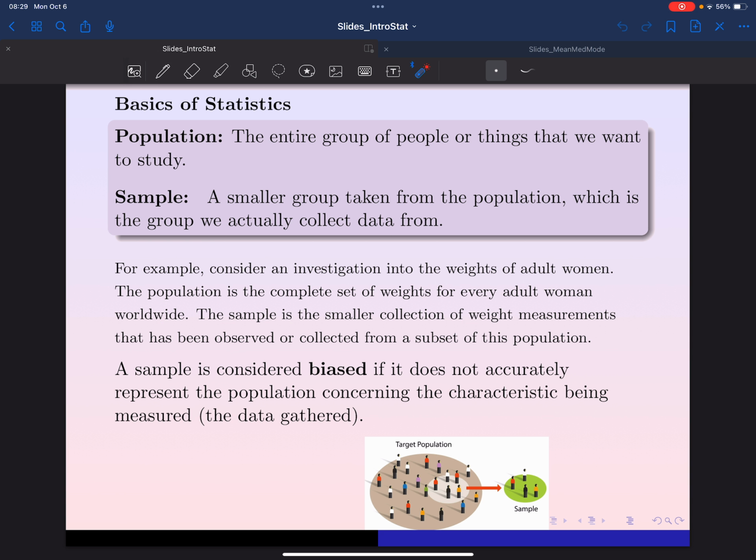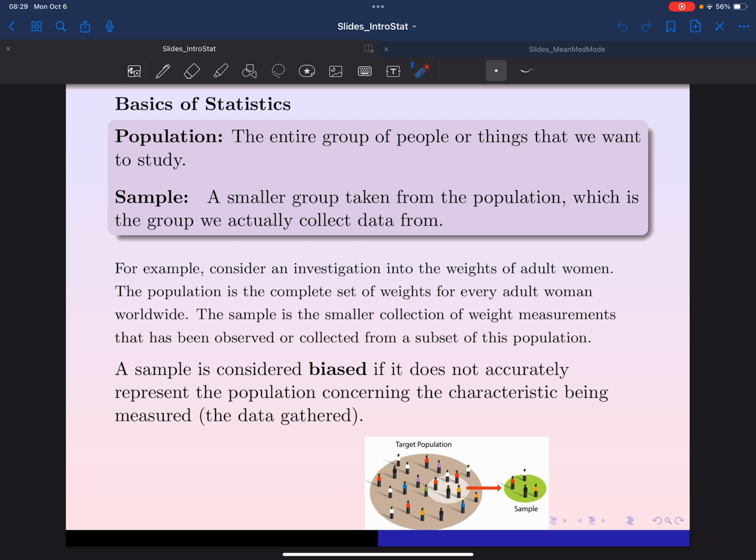For example, if we consider an investigation into the weights of adult women, then the population would be a complete set of weights of every adult woman in the world. The sample is the smaller collection of weight measurements that has been observed or collected from a subset of this population.